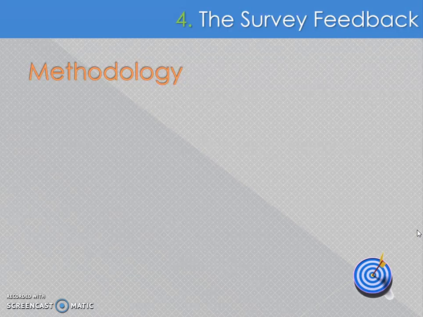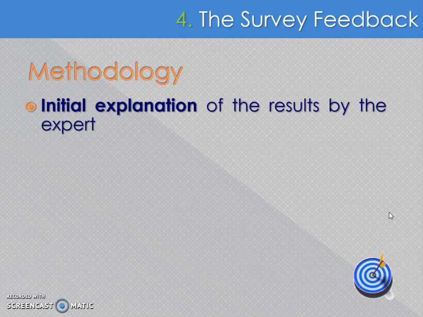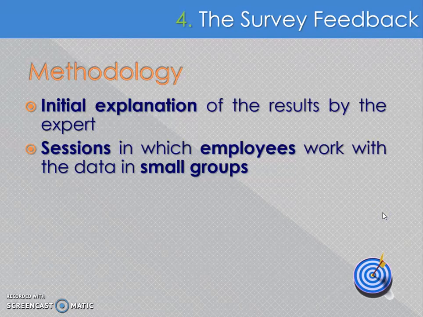How can we develop a session of survey feedback? In this slide, we'll see what the most useful methodology is. In a session of survey feedback, the expert will begin by explaining the results of the evaluation. After this first explanation, employees will work with the data in small groups.